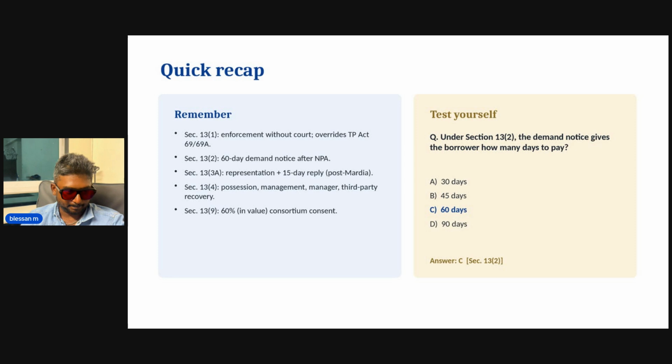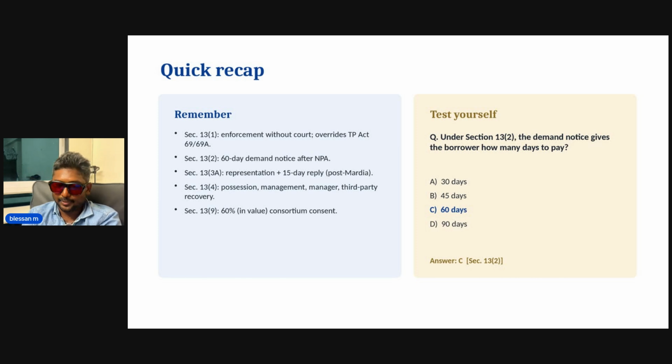Now, a quick recap. Section 13(1) says enforcement without the court, overriding the TP Act, that is the Transfer of Property Act, and Sections 69 and 69A, and a 60-day demand notice. And within 60 days, if the borrower makes a representation, the secured creditor, that is the lender or the bank or financial institution, has to reply within 15 days.